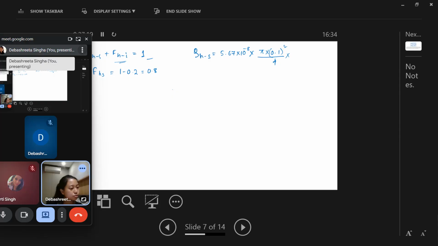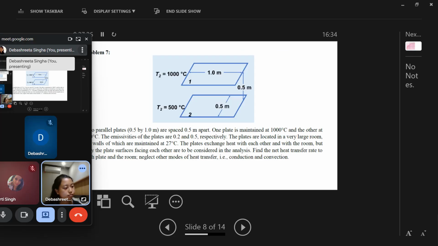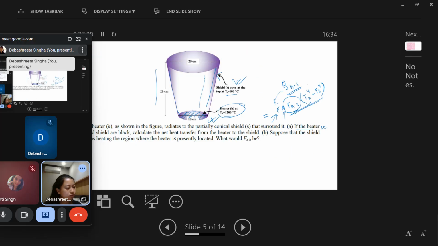Into FHS, that is 0.8, and TH to the power 4 minus TS to the power 4. TH is 1200 degrees Celsius, so we have to add 273.